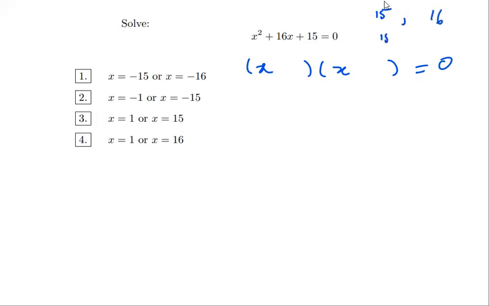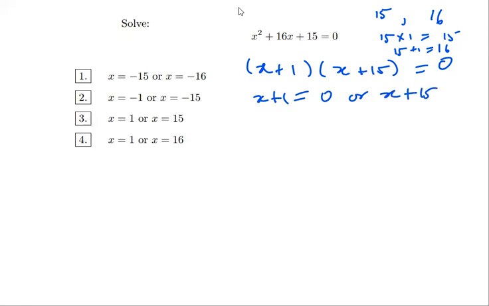So let's try 15 times 1 is equal to 15, and 15 plus 1 is equal to 16. So it looks like that's what we're looking for. So we'll have x plus 1, x plus 15 equals 0. And if you multiply two numbers and get 0, it means that x plus 1 equals 0, or x plus 15 equals 0.